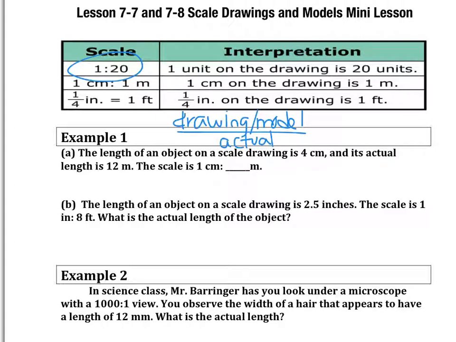So if the scale is 1 to 20, that's basically just telling us that whatever the unit is, it's the same unit on the drawing as it is in actual space, but the actual object is 20 times larger. The next scale we see is another type where we have two different units, and what it tells us is that for every 1 centimeter on the drawing, there's 1 meter of actual space on the object.